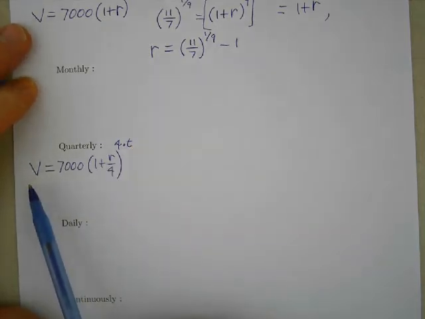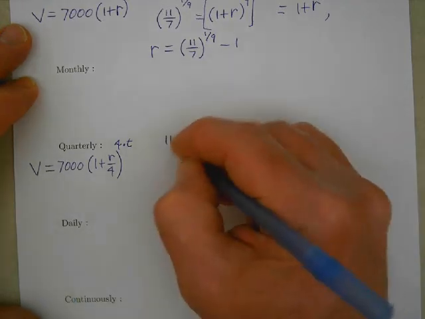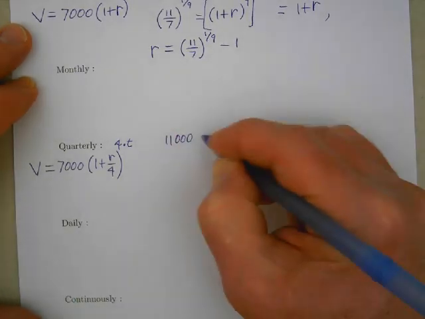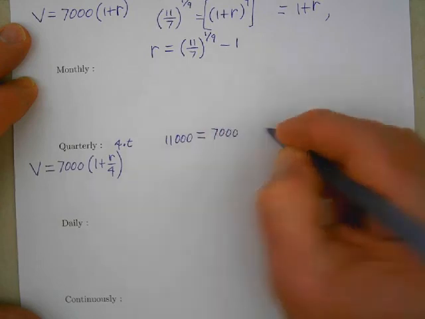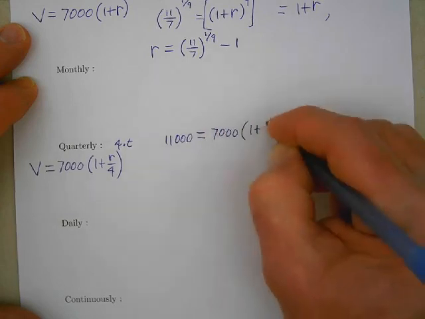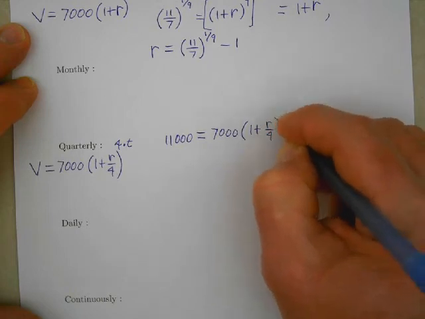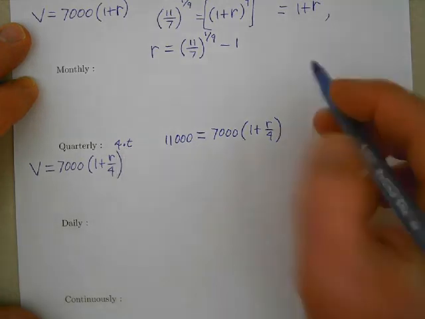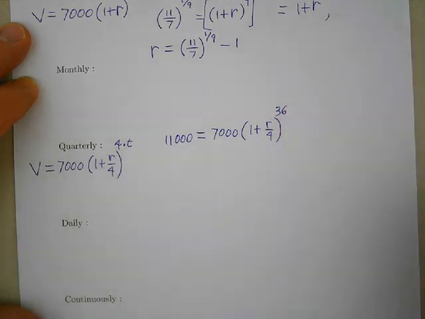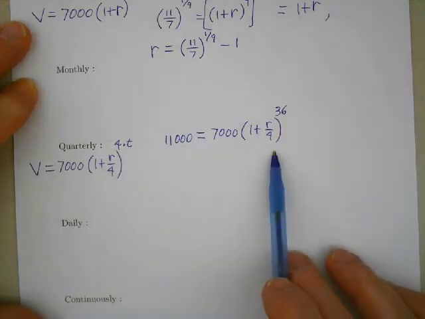So we will replace v with 11,000 and set 11,000 equal to 7,000 times (1 plus r over 4). And we're also going to replace t with 9. 4 times 9 is 36. And then we'll solve this equation for r.